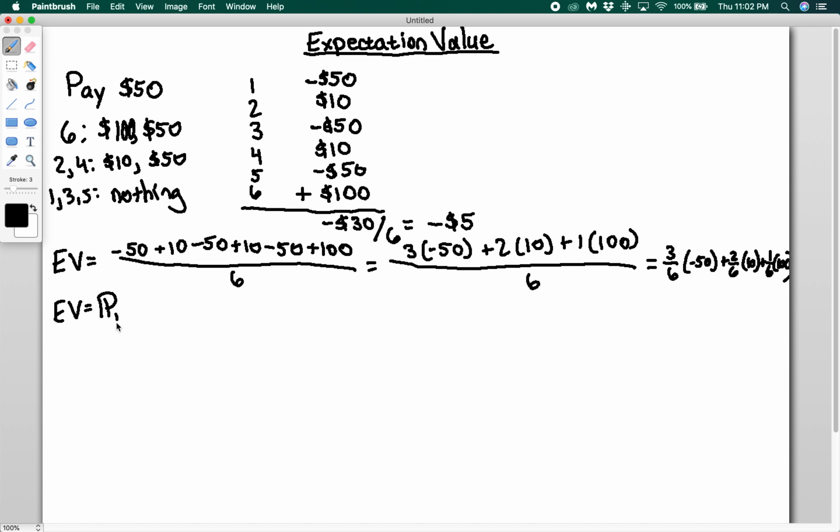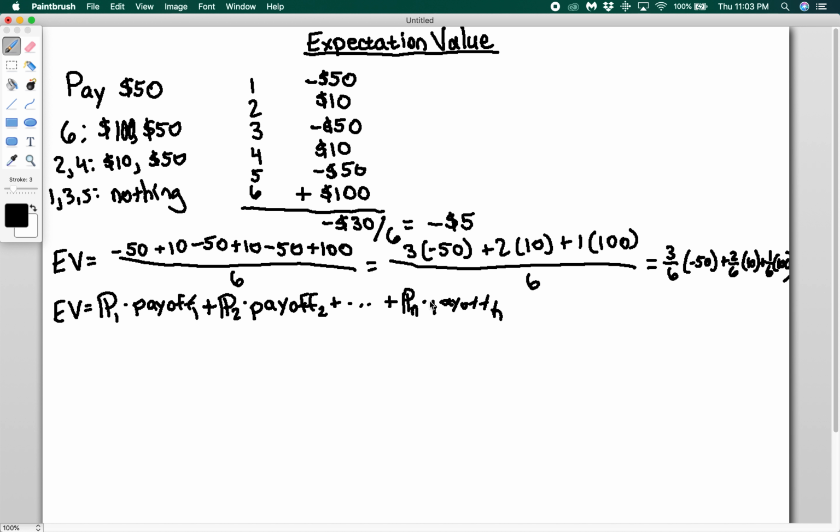Okay, so what I've done here really is I've said my expected value is equal to the probability of event 1 happening times the payoff associated with event 1. And now it's not always going to be a payoff, it's not always going to be money, but basically the value of that outcome, right? And then we have plus the probability of event 2 times the payoff for 2. And we keep on doing this until we hit the probability of n happening multiplied by the payoff of n.